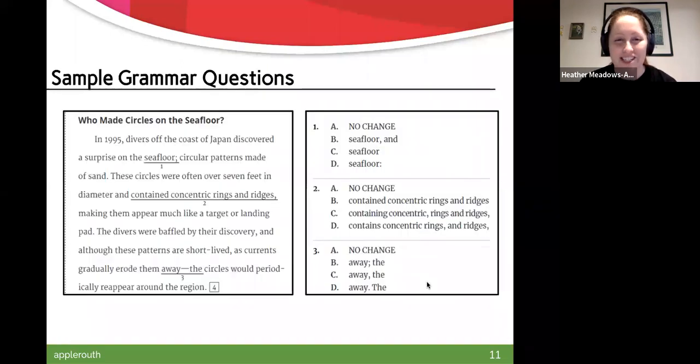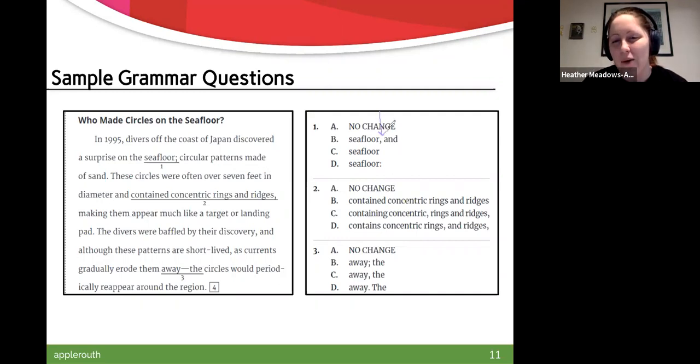So here's some more sample questions, right? So if we look at example one, right? In 1995, divers off the coast of Japan discovered a surprise on the seafloor, circular patterns made of sand. Okay, so if we look here at the answer choices, we see, okay, right?